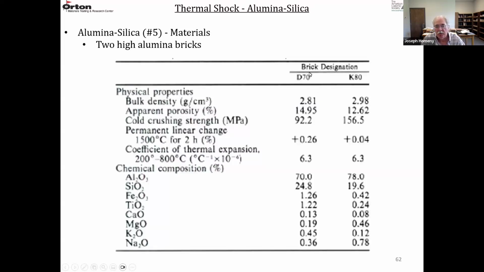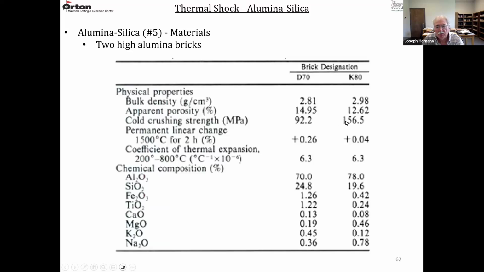So they had a 70% alumina D70 and an 80% alumina K80. So the alumina content here was 70 and 78 weight percent. Bulk density goes up slightly with higher alumina content, from about 2.81 to 2.98. Porosities are quite similar, 14, maybe 13.